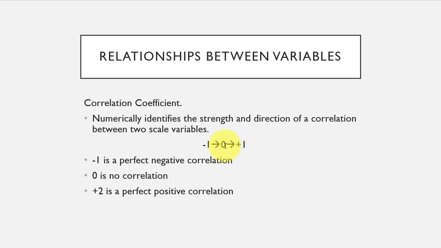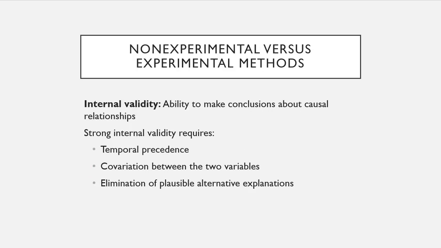So a perfect negative correlation is -1. If you have no correlation, it's 0, and there's a typo. If you have a perfect positive correlation, it's +1. We're going to cover this more in stats class. I'm not going to worry that you know about all of this right now.